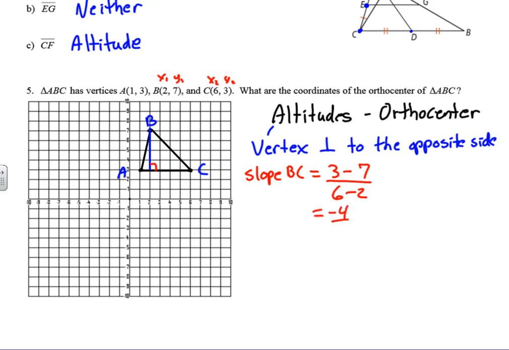So I get negative 4 over 4, which means that the slope of BC is going to be negative 1.